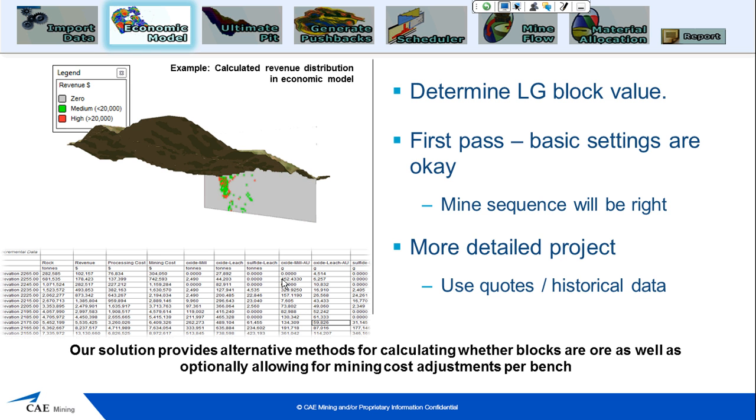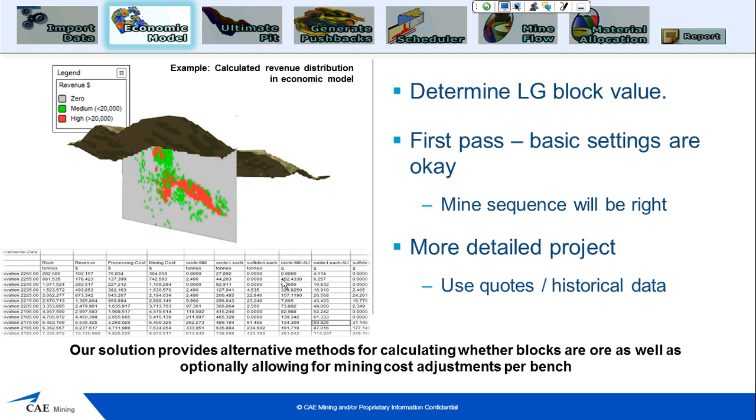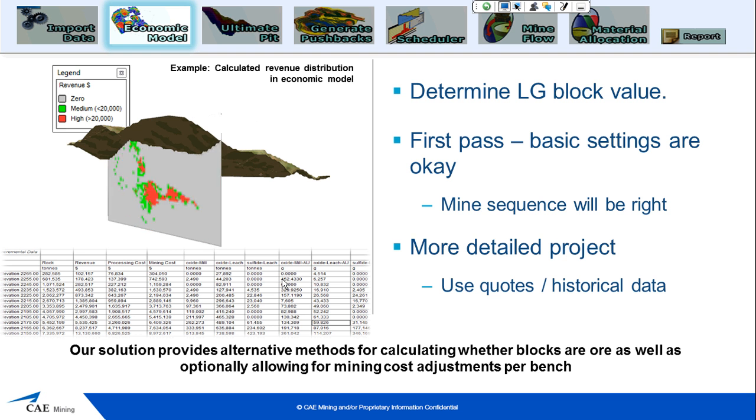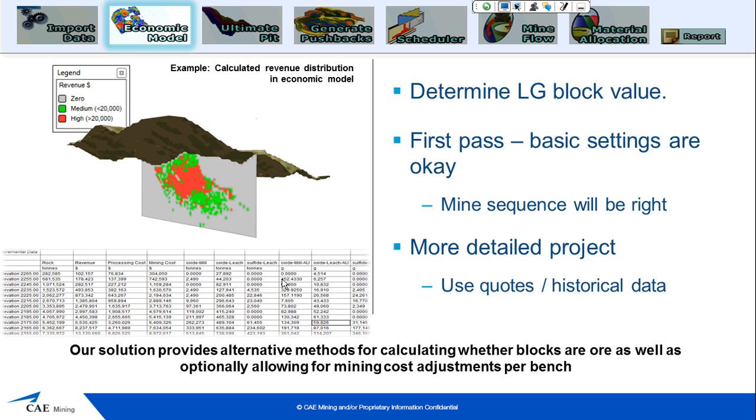The costing, we build in mining costs, processing costs, reclamation costs, and also the pricing or value of the different products. There are different set ways in the system for it to determine what blocks are ore and what blocks are waste.